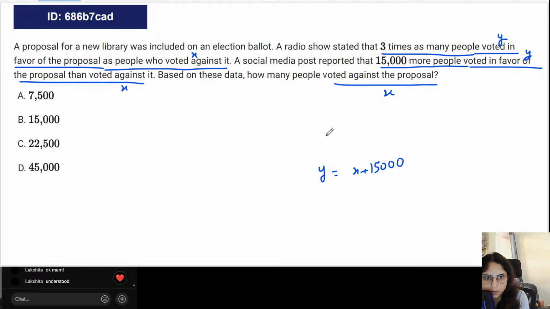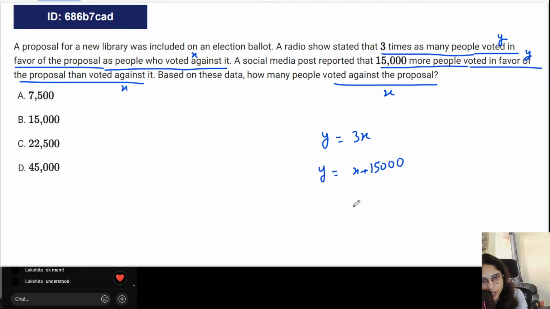My bad. I was like, this doesn't make any sense. Why? Because 3 times as many people voted in favor of the proposal as people who voted against it. So the number of people voting in favor are more. Okay. So Y is equal to 3 times X. Y is equal to X plus 15,000 because 15,000 more people voted in favor.